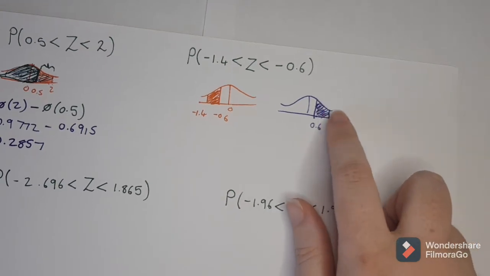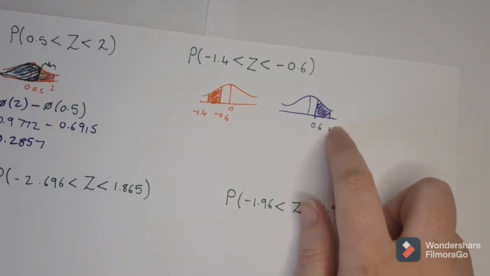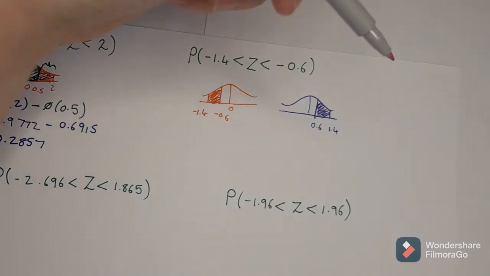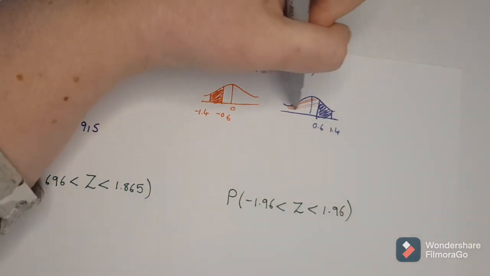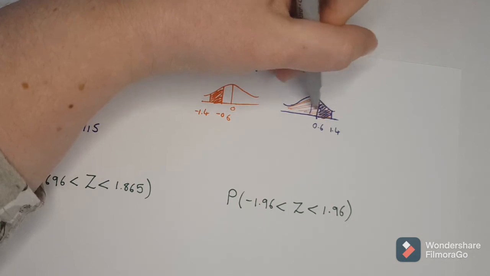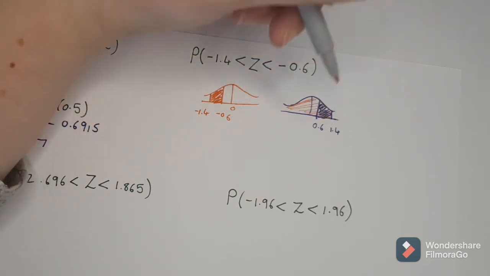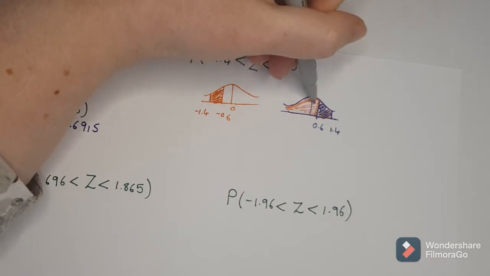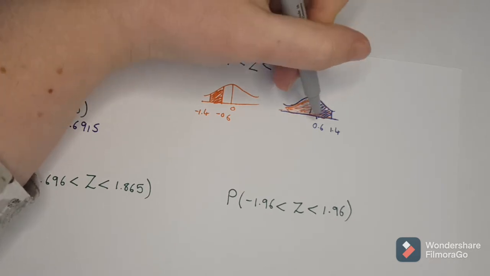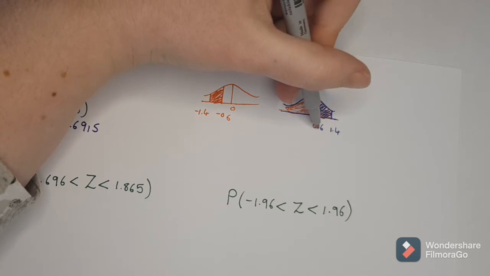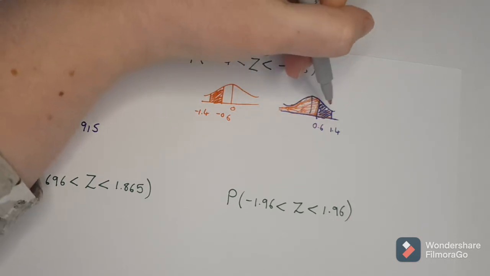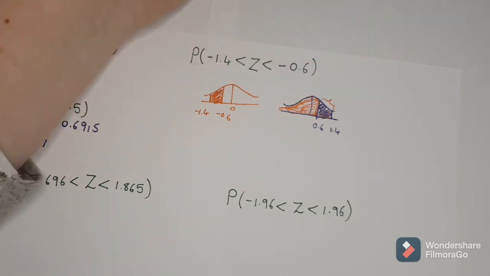Because now I've got my 1.4, and if I read that off the table, it would give me the entire area, everything from 1.4. But I want to exclude this area here. To exclude that, if I subtract 0.6, it would give me all of this area, and then I would be left with just that.